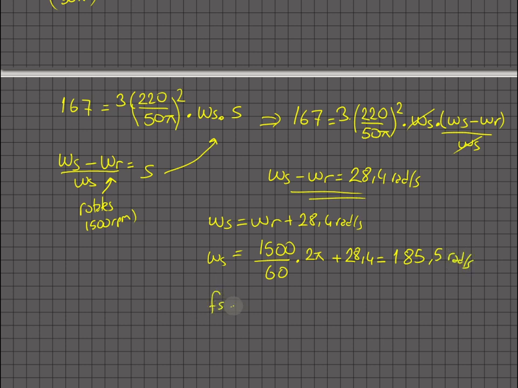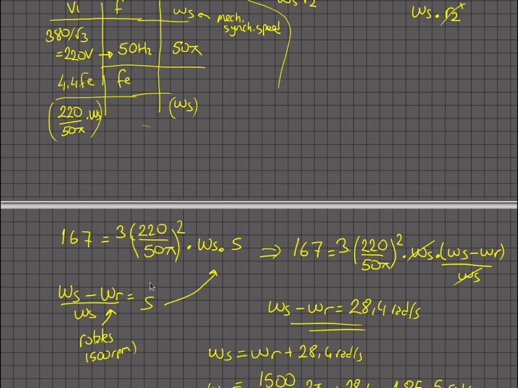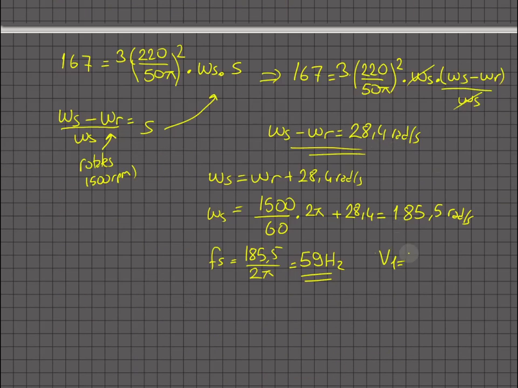You can divide that value by 2 pi, and you will find about 59 hertz. 59 hertz is the applied frequency, and I know V1, remember I calculated it like that, is 4.4 times Fe, so 4.4 times 59.